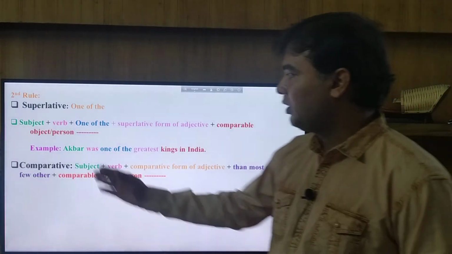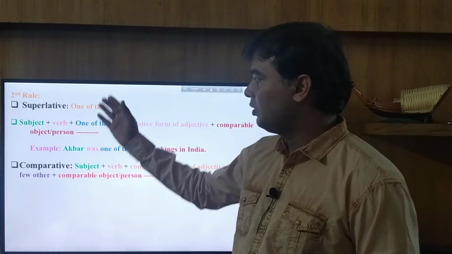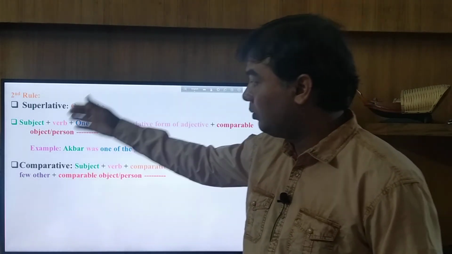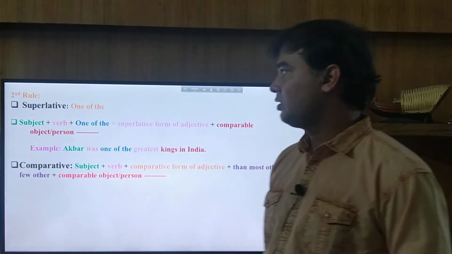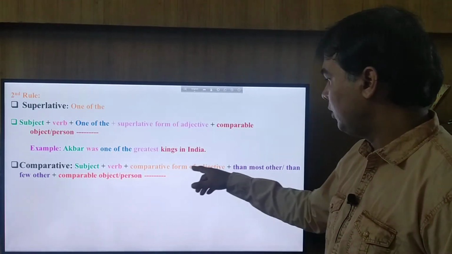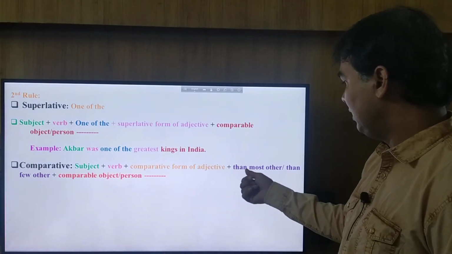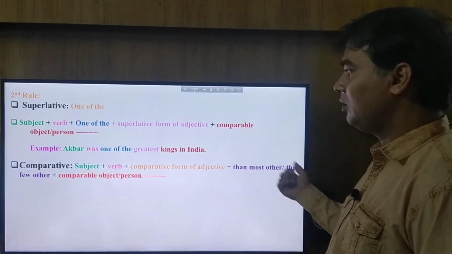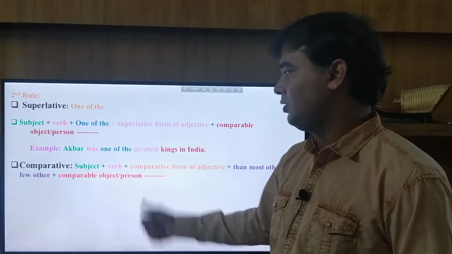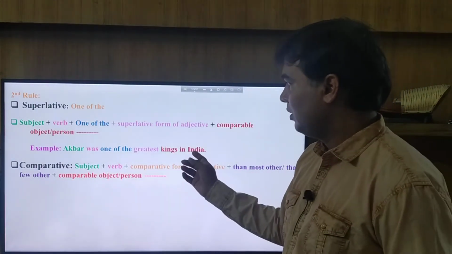Now, if you want to convert this superlative degree with "one of the" into comparative form, then the basic structure would be subject, then verb, then comparative form of adjective, then "than most other" or "than few other", then comparable object or person. So, now we can change it.